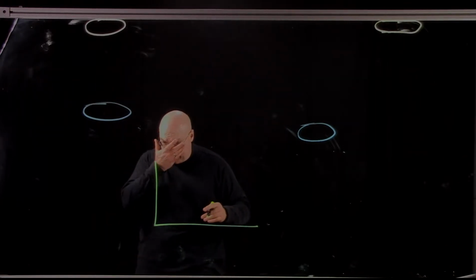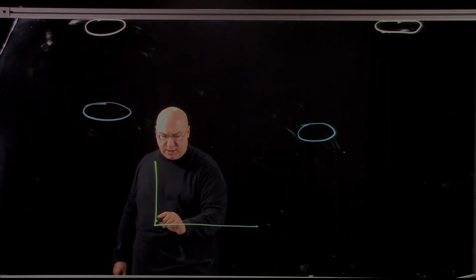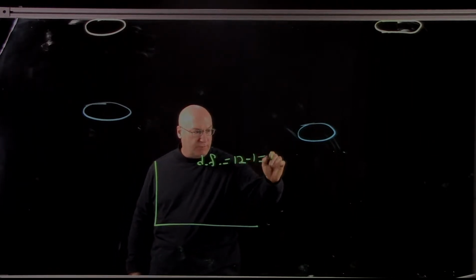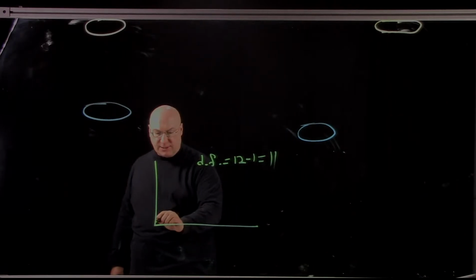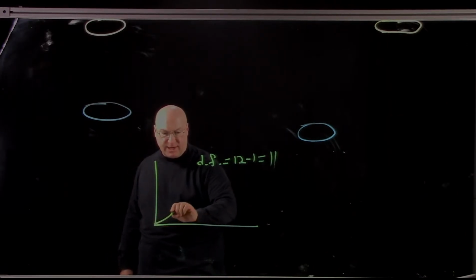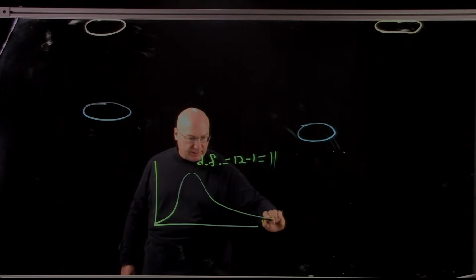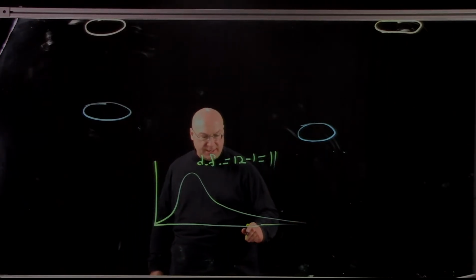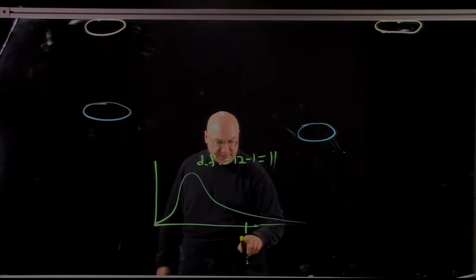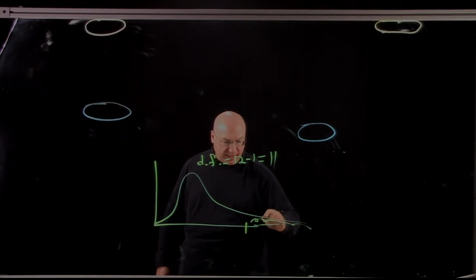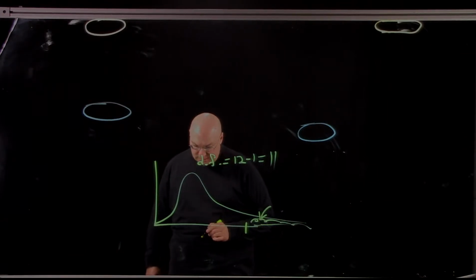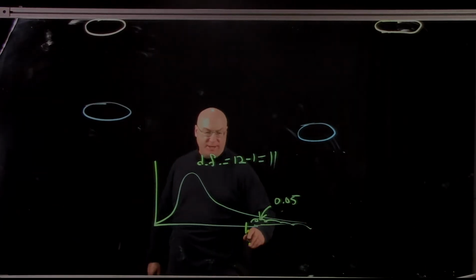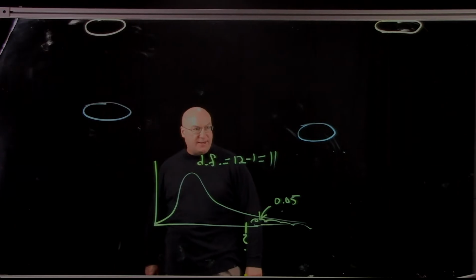But I have a sample of size 12, so my degrees of freedom are 12 minus 1, which is 11. And so, my graph looks something like that. And what I'm looking for then is this value such that I have 0.05 in the right tail. Right? That's what I'm after, is that value right there.